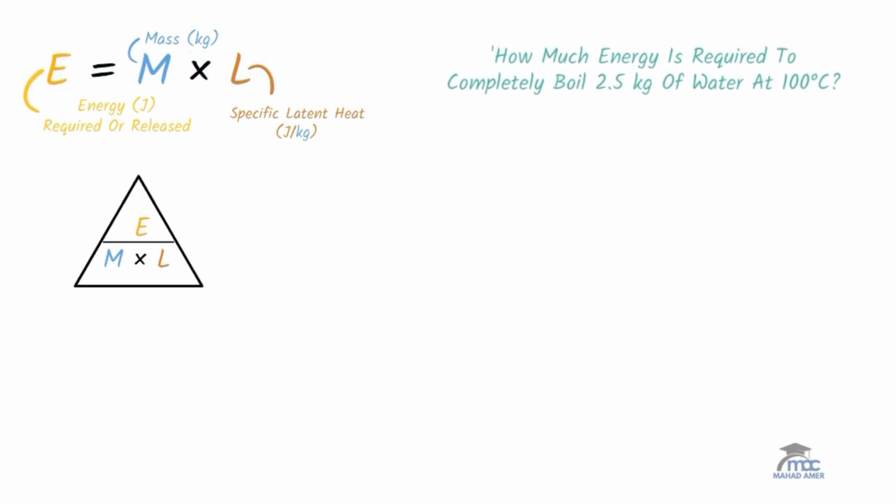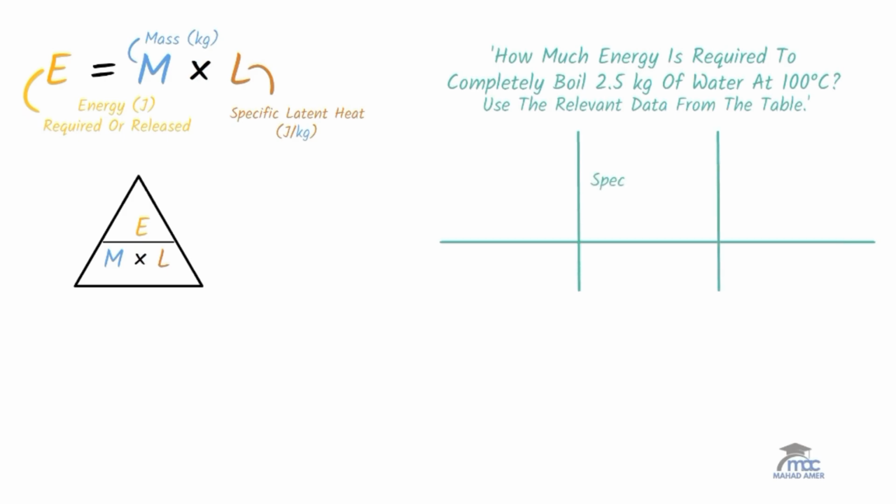An example question is: how much energy is required to completely boil 2.5 kg of water at 100 degrees Celsius? We will use the information that we have been provided in the table.